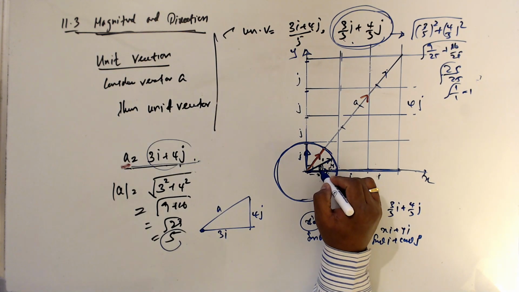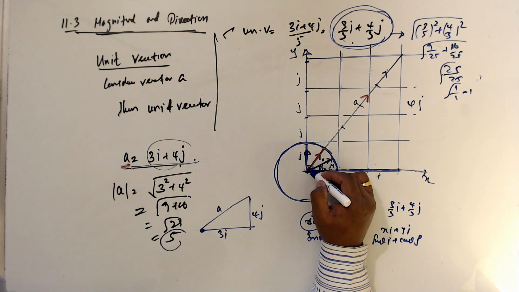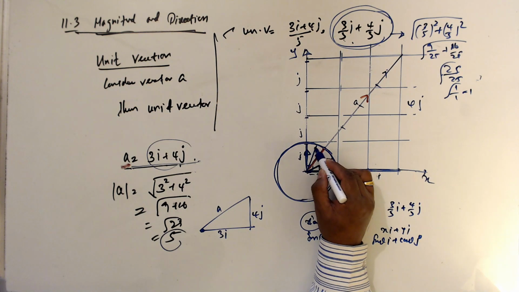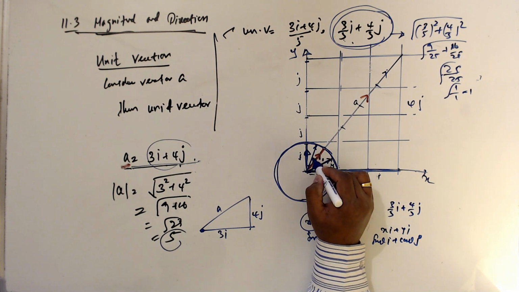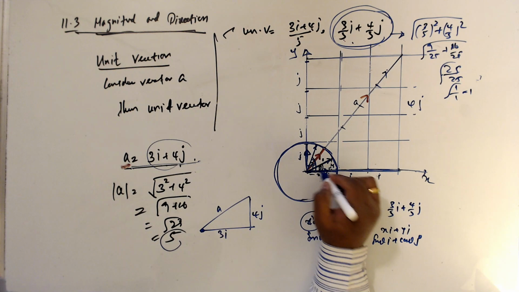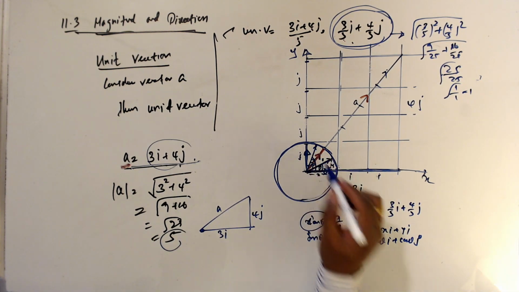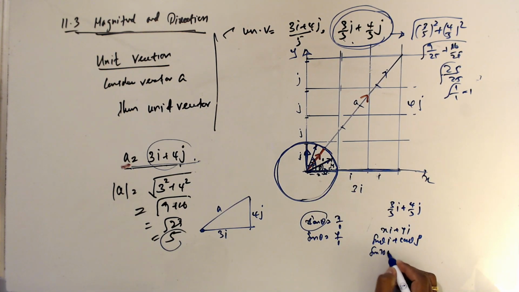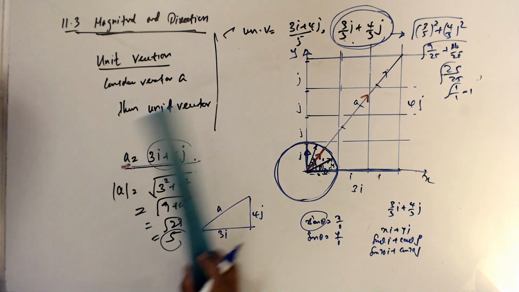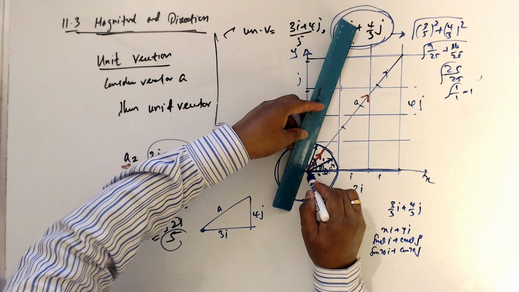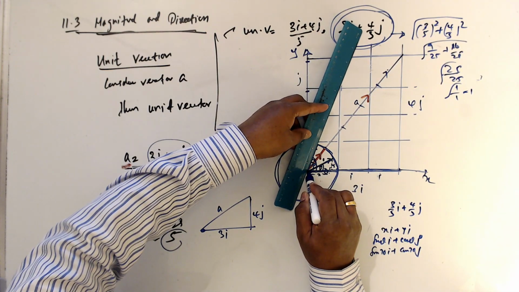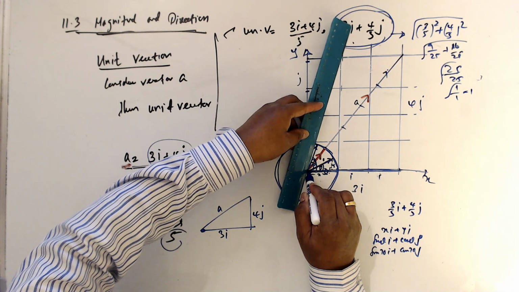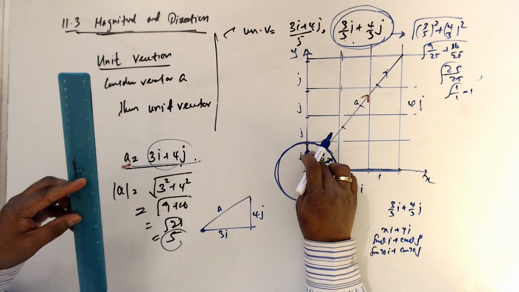Now if the angle is, say, 70, and I want to find the unit vector for this direction, then the unit vector is sin 70 i plus cos 70 j. Now I draw it like this and delete this one.